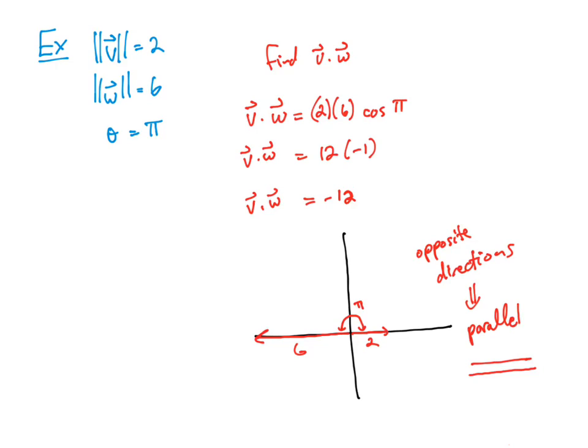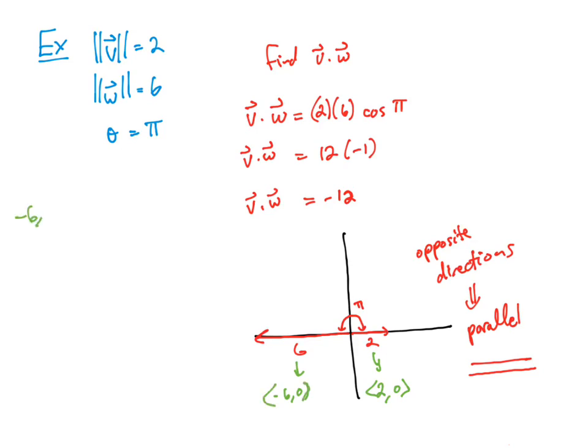So when we have vectors that are parallel, we'll notice something. This vector down here, if I write it with its components, is 2, 0. This vector is -6, 0.